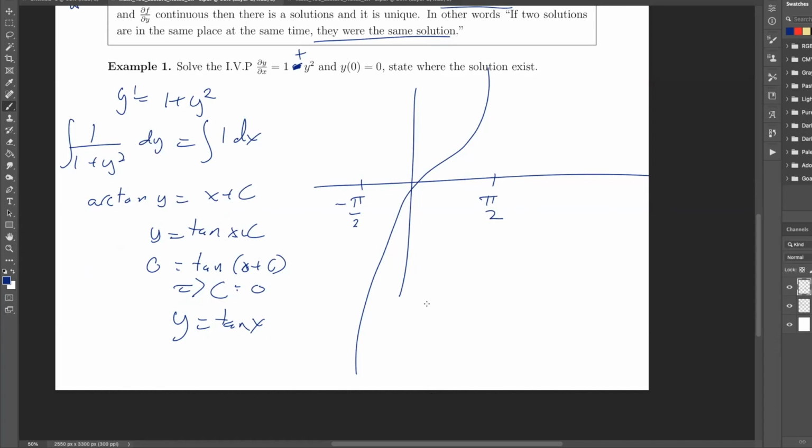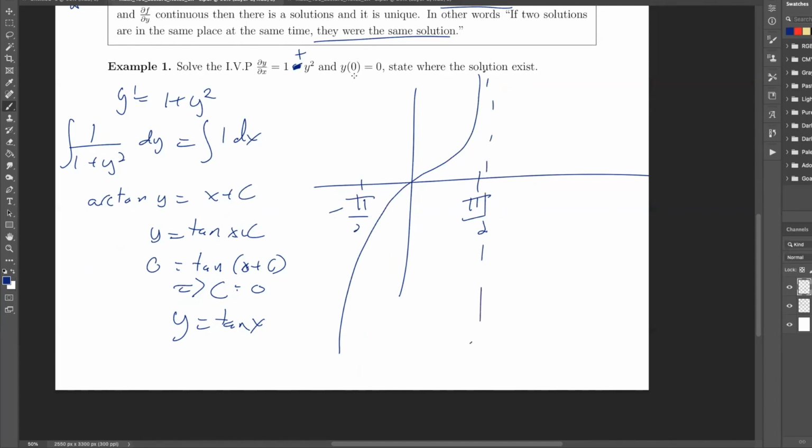Hold on, I missed terribly. It's bugging me. There you go. So here's tangent of x. But notice once I get to this point, the solution doesn't exist. Here the solution stops existing. What's the third line say? Arctangent of y equals x plus c. That's an arctan. Sorry.